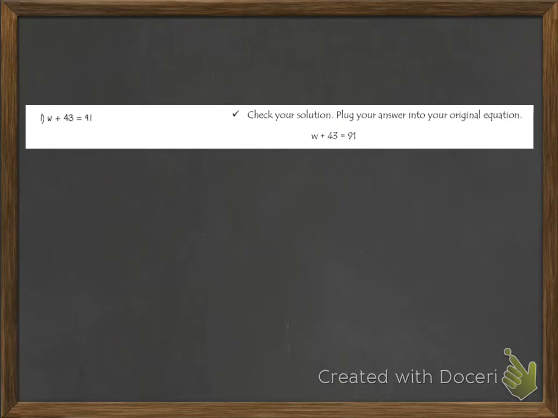So here we have W plus 43 equals 91. In order to solve, I'm going to rewrite my problem. Our first step is going to be to draw a line through the equal sign.